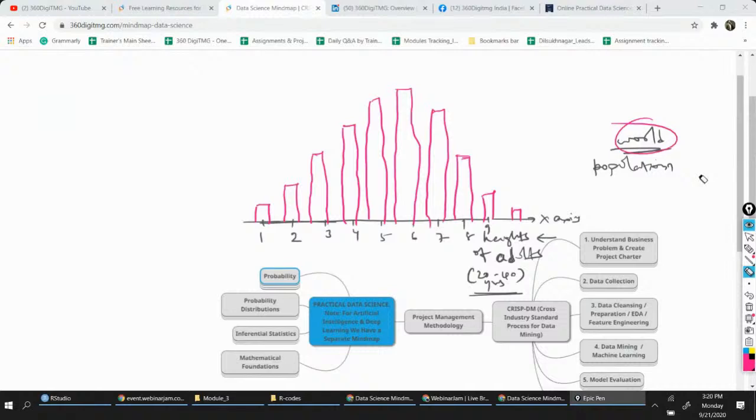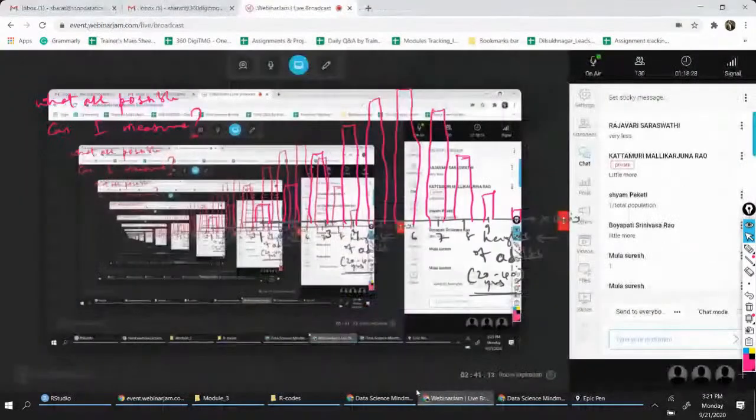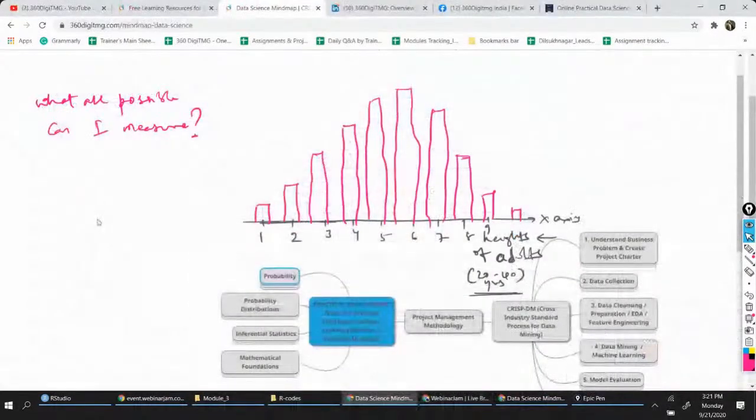What all possible heights can I measure? How many heights are there that I can measure? Yes, friends, what do you think? How many heights can I measure?